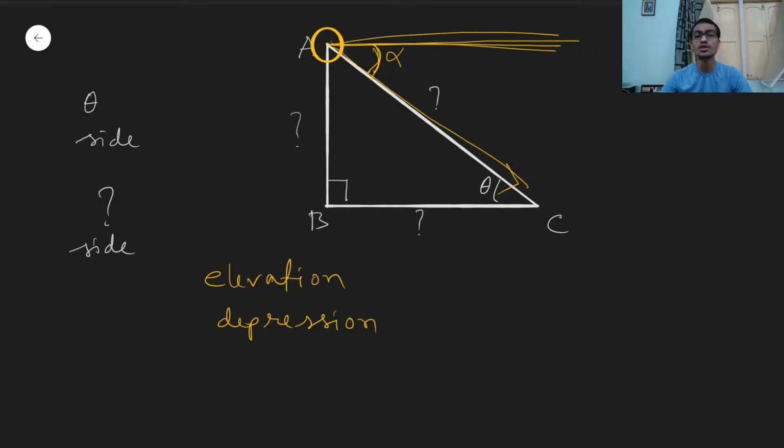If the angle of depression is alpha, then you also find this angle is also alpha by the property of alternate interior angles. Actually both the horizontal levels are parallel, that's why we don't face any problem, but we need to know clearly what is angle of elevation and what is angle of depression.